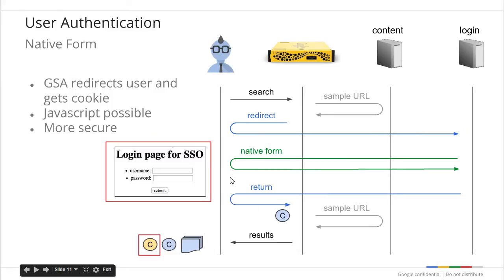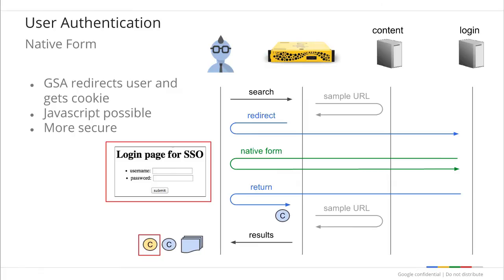Also, in this approach, the GSA will not know the user's identity unless a cookie cracker is used for the sample URL. So you may be able to avoid some auditing or security restrictions. Again, if the user is already authenticated against the login server, the GSA won't need to authenticate the user again.